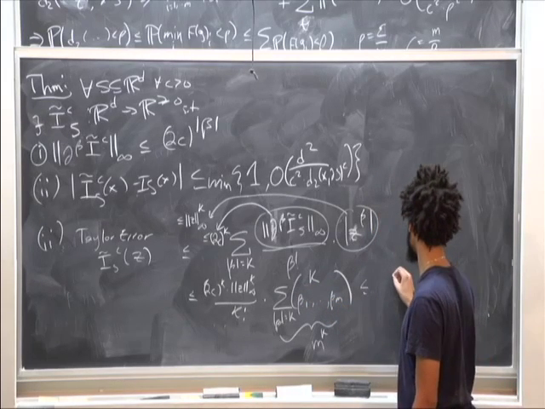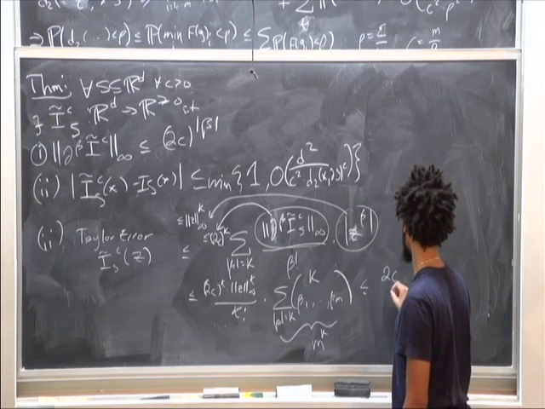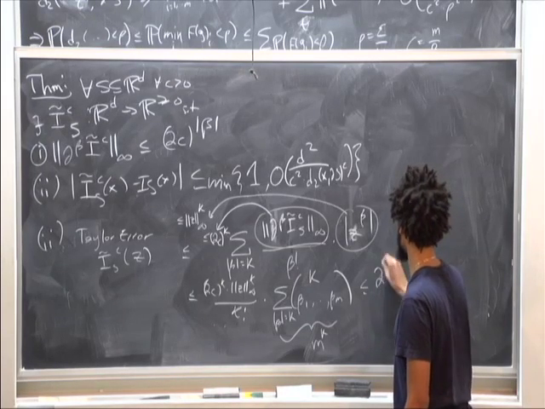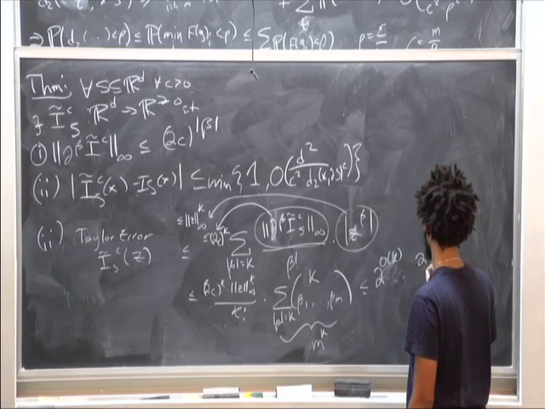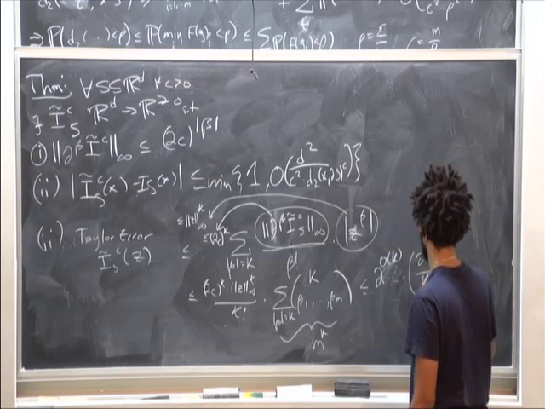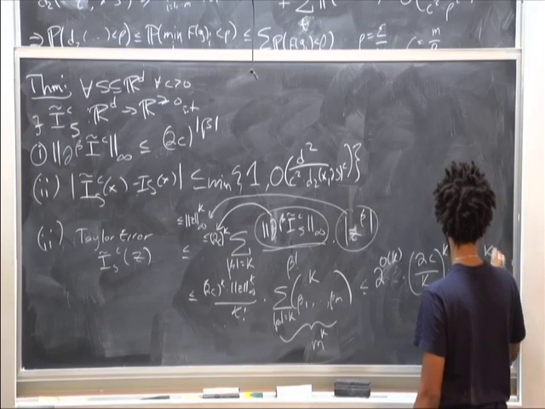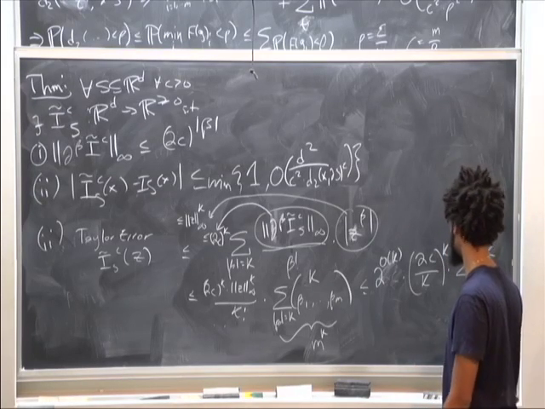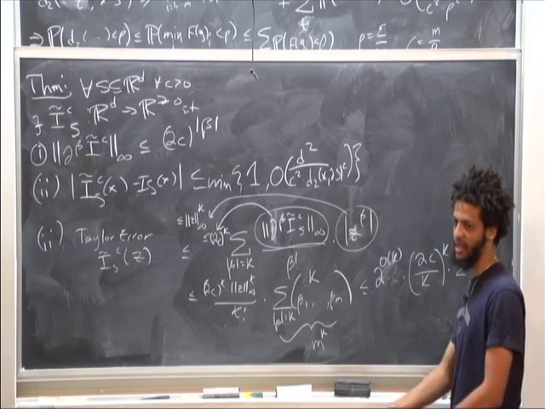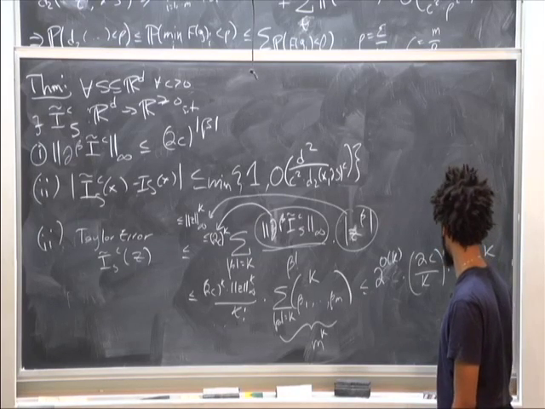So this is at most 2c up to 2 to the o of k terms, 2c over k to the k times the sum of zi to the k. K is even. Okay, now what are my zi's? They're these linear forms, ai dot g.